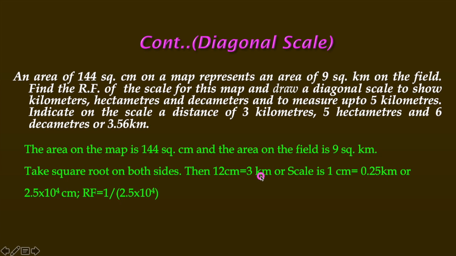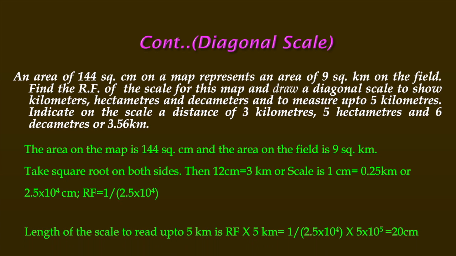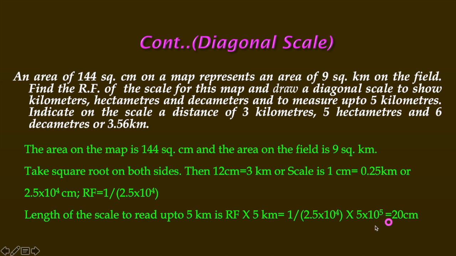Taking the root, 12 centimeters equals 3 kilometers, so 1 centimeter equals 0.25 kilometer. And the total length of our scale is 5 kilometers. 0.25 kilometer equals 1 centimeter, so 5 kilometers equals how many centimeters? That we have to calculate. This calculation is given here. So finally we get the drawing length as 20 centimeters.